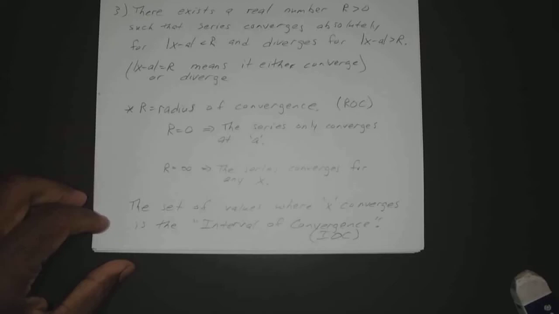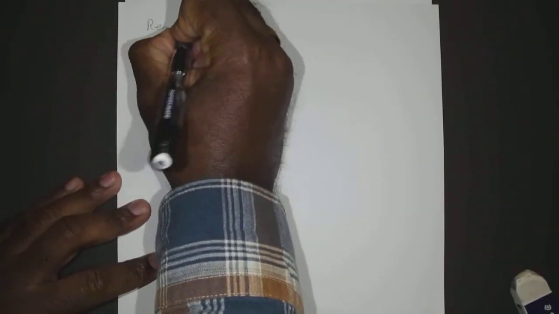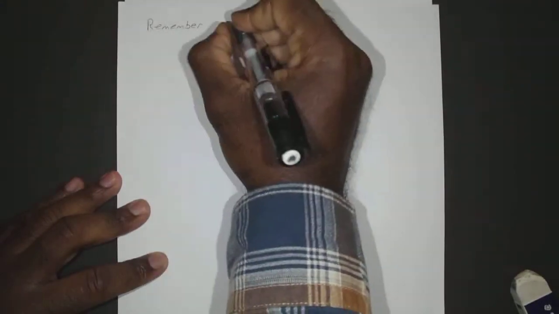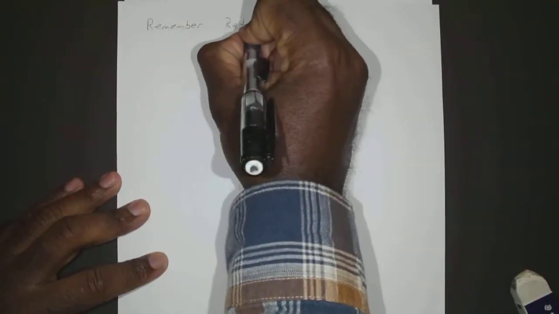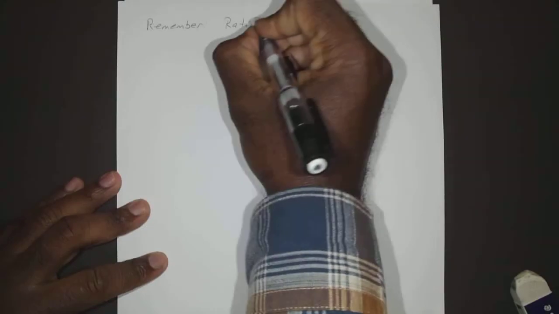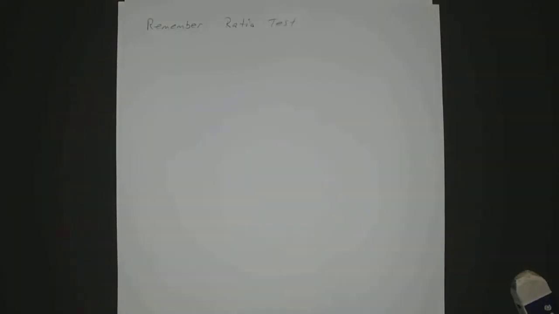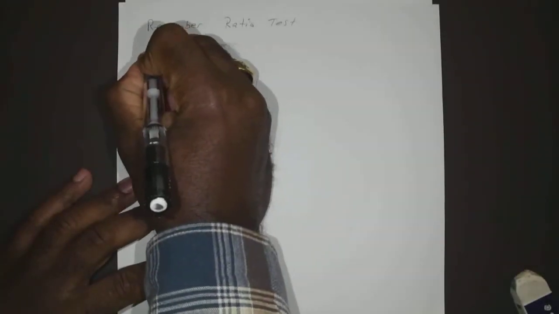Okay. So to work with these, you want to remember your ratio test. It's not the only test you can do to find out whether it's absolutely convergent, but it's usually the quickest. Okay.